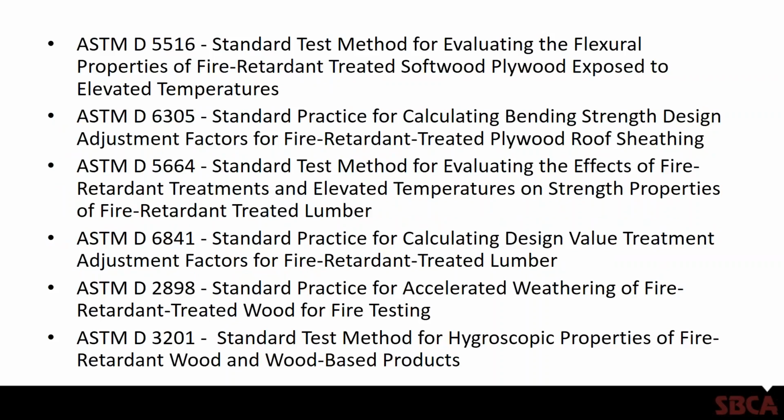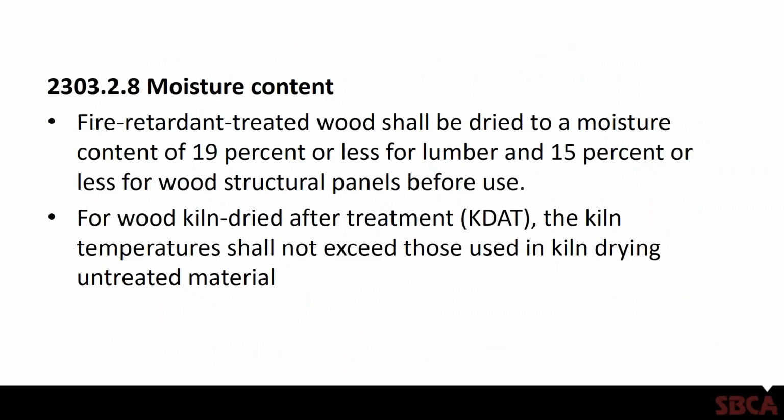And then the code lists a whole bunch of standards, and we're not going to go through it, but just know that the treating company would use these standards to develop the adjustment factors that they then publish so that the end user, whether that's the building designer or the truss designer, would then apply those reductions to the various properties of the wood and of the connections.